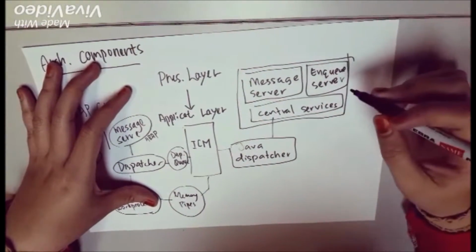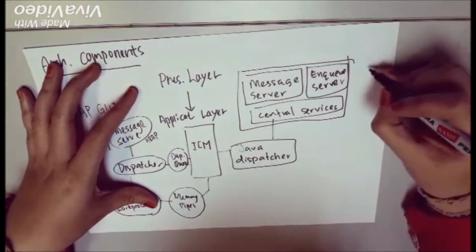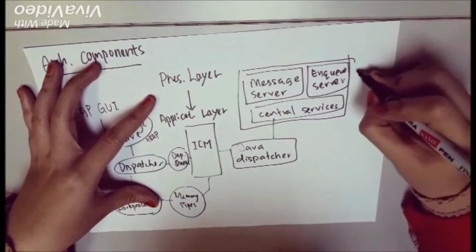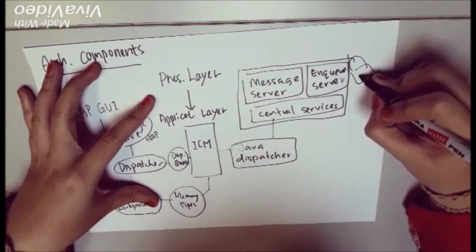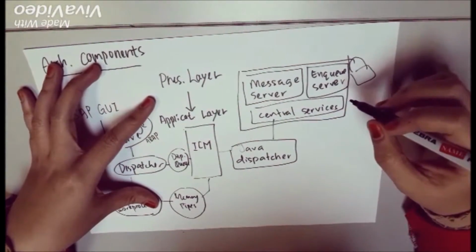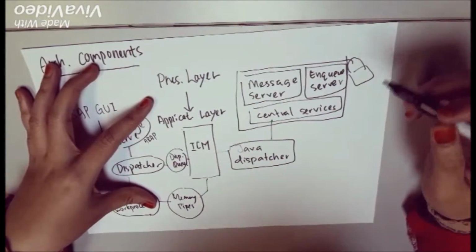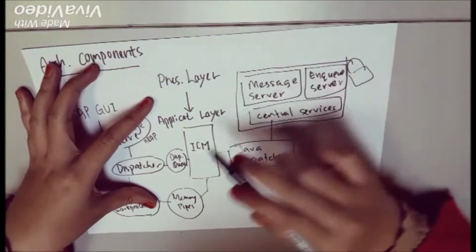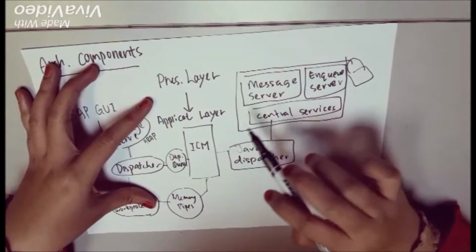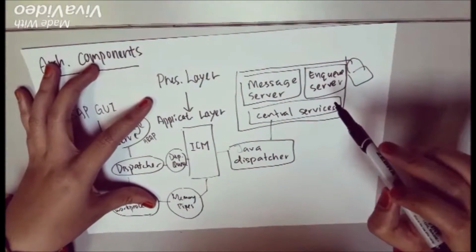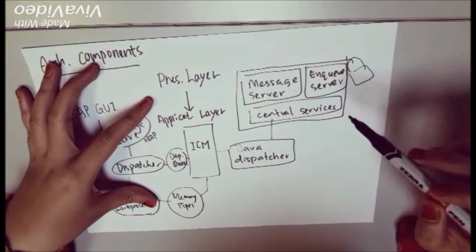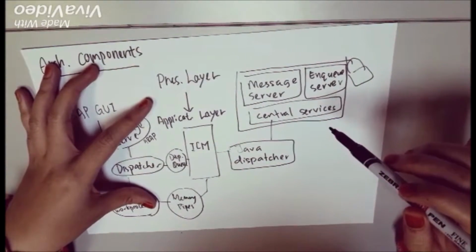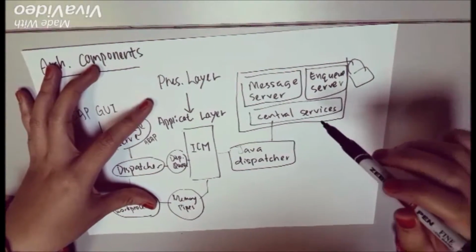The enqueue server is also known as the lock server. It is a system component that manages the lock table, together with the message server. This server becomes the SCS instance, which is SAP Central Services, or ASCS, which is ABAP Central Services.